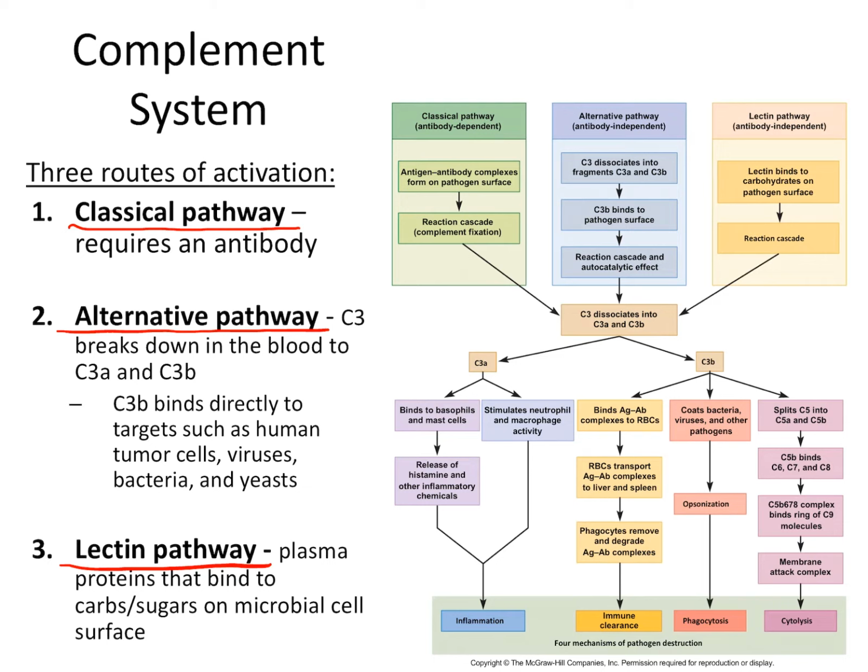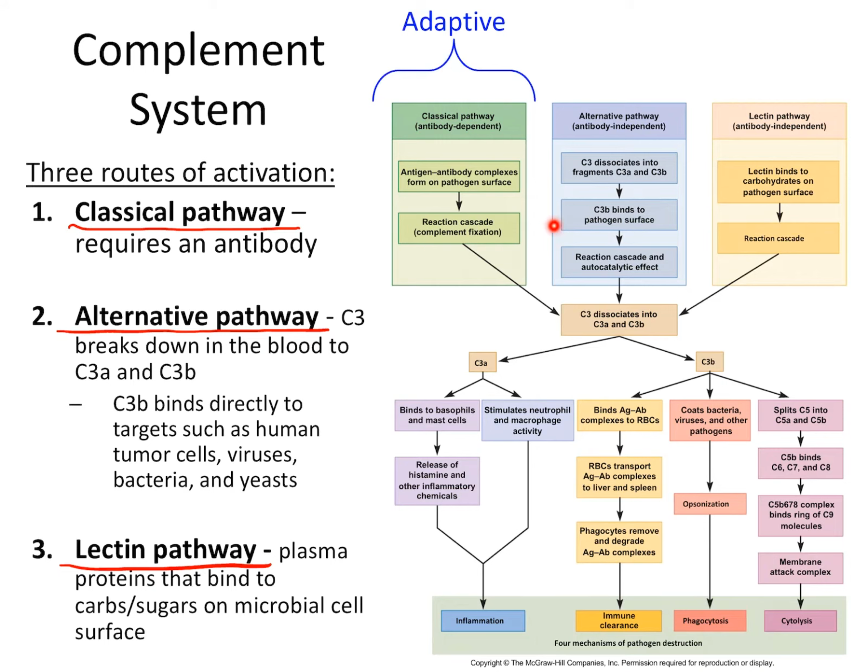And we'll talk a little bit more about antibodies and antigens later in the lecture, but we did touch on them in chapter 18 when we were learning about blood types. Anyhow, an antibody is specific to one type of antigen. And thus, our classical pathway is ultimately going to be part of the adaptive rather than the innate immune system.